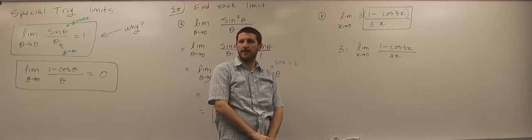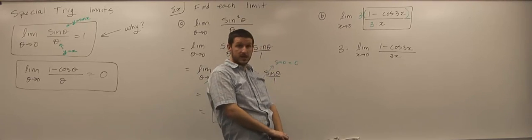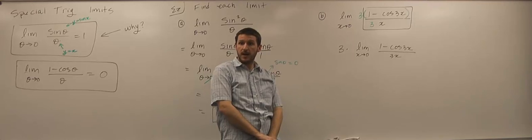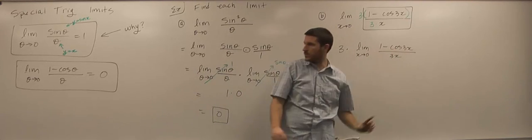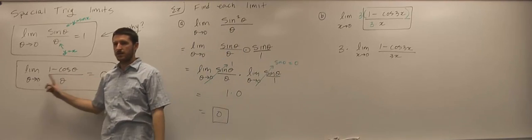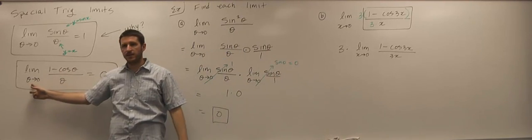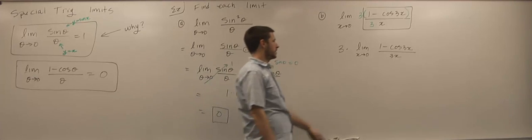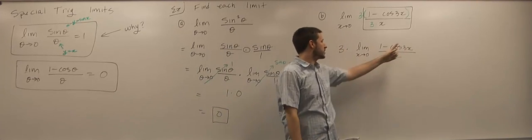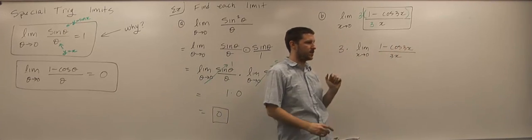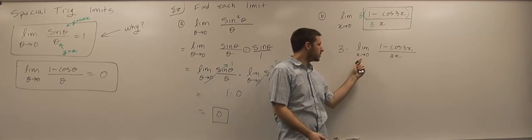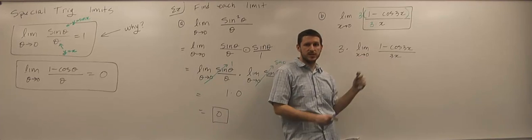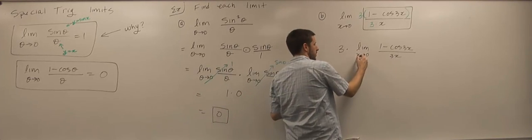Now this is okay, yeah, go ahead. Does it matter that we still have x approach 0? Kind of, yeah. We need to take care of that, right? Because this doesn't match exactly, because this has theta, theta, theta. So you would want 3x, 3x, 3x, or x, x, x, or theta, theta, theta, or whatever. But let's put it this way, if x goes to 0, what does 3x go to?